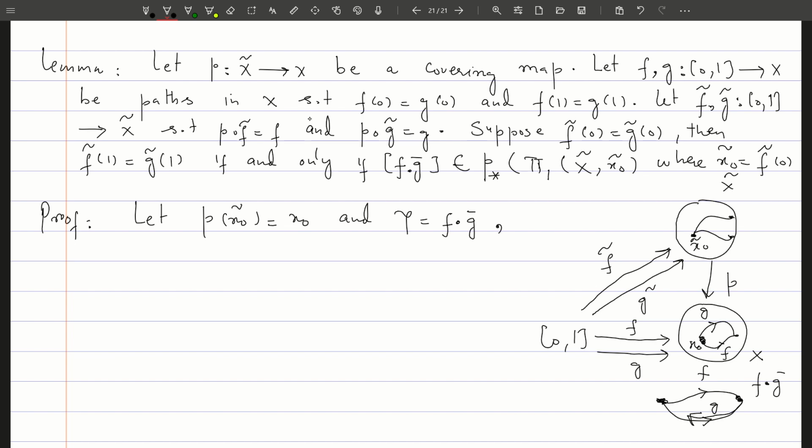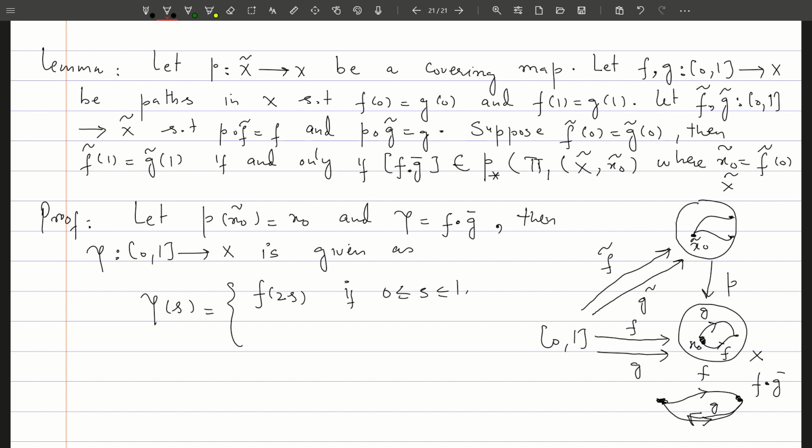Then gamma is another path from the interval [0,1] to X. So gamma of s is actually f of 2s if s lies between 0 and half, and g inverse of 1 minus 2s if half is less than or equal to s is less than or equal to 1.